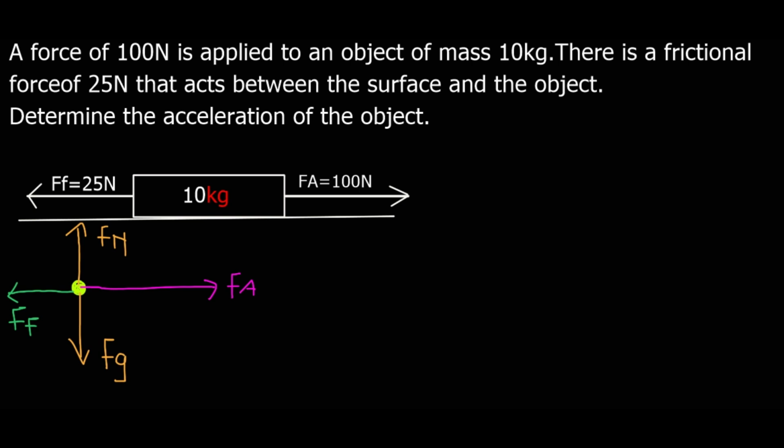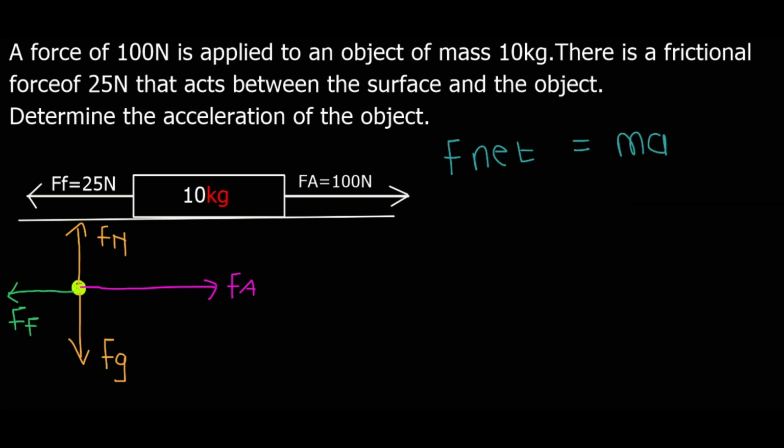So now let's write the formula. The formula says F net equals m times a. And then now we're going to calculate acceleration. We are given mass, which is 10 kilograms. And then this is F net. Let's understand what F net is.